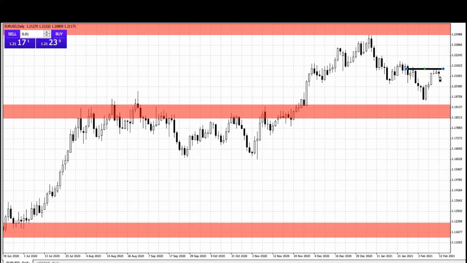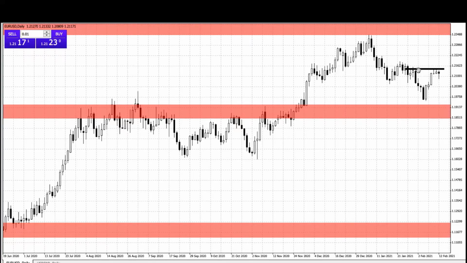So we're expecting that the price is now moving to the downside. If we have enough risk to reward ratio, we can try to squeeze out some profits from this movement to the downside to come and retest this level again.